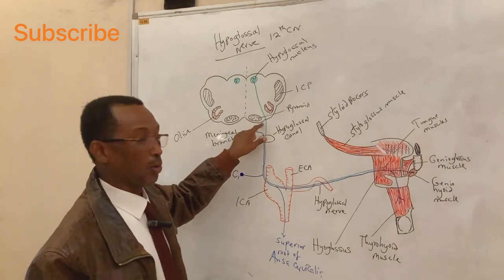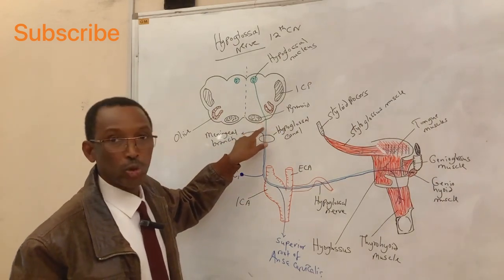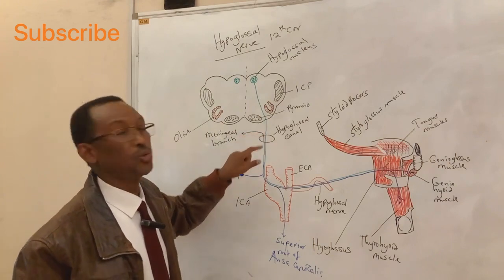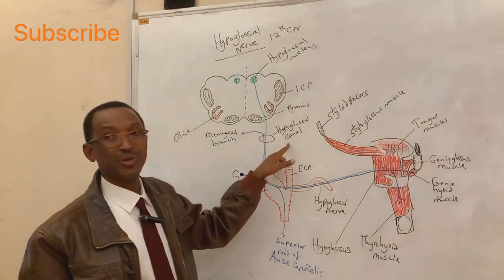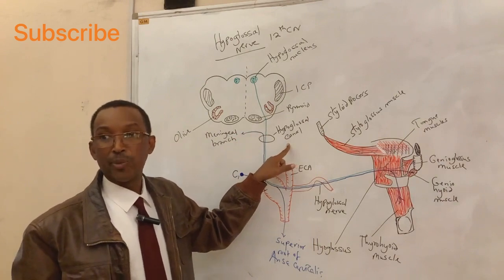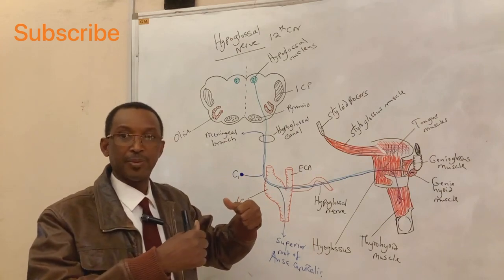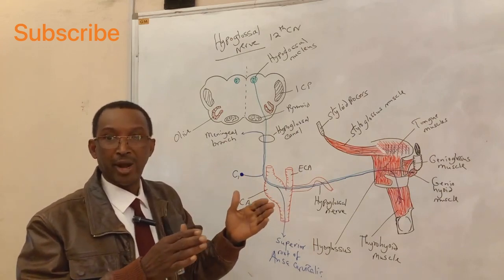So hypoglossal nerve comes out of the cranial cavity through a canal known as hypoglossal canal. The hypoglossal canal is just a passageway for the hypoglossal nerve by the side of the foramen magnum.